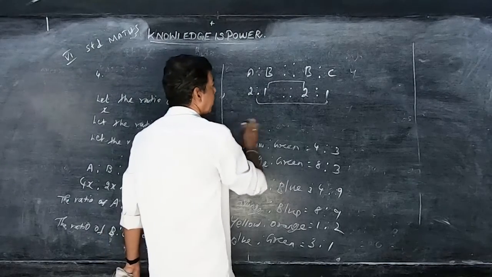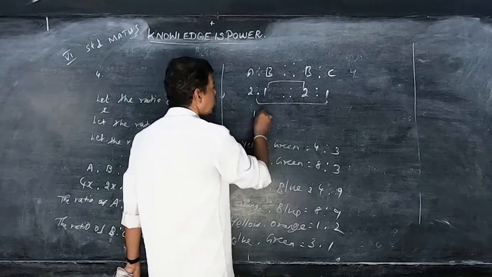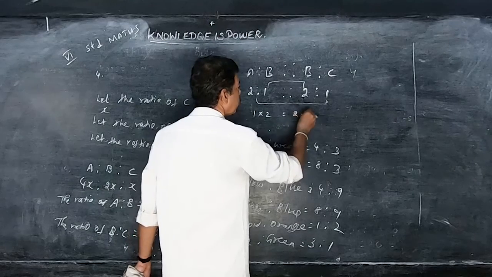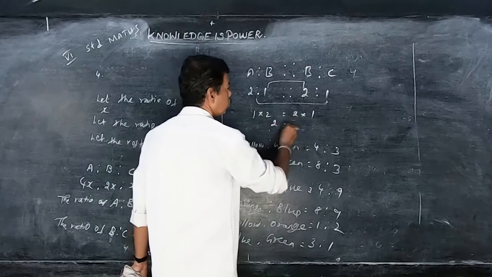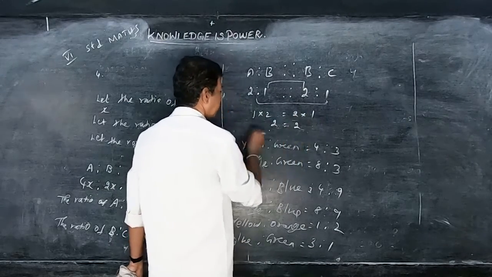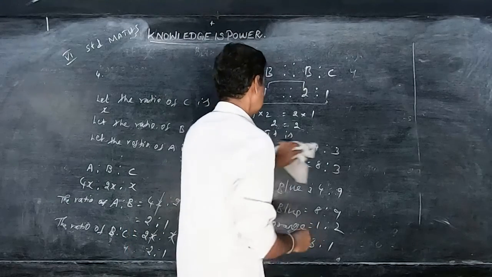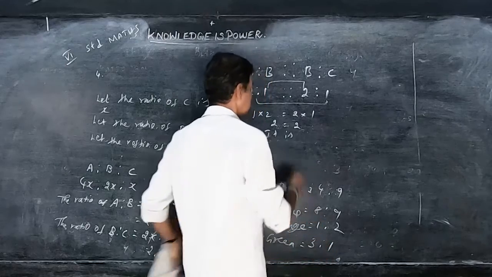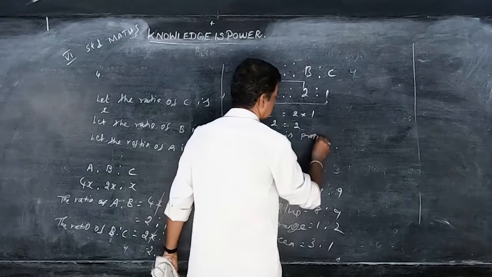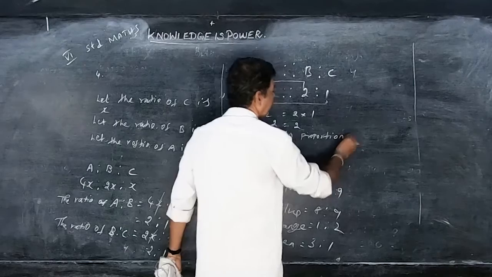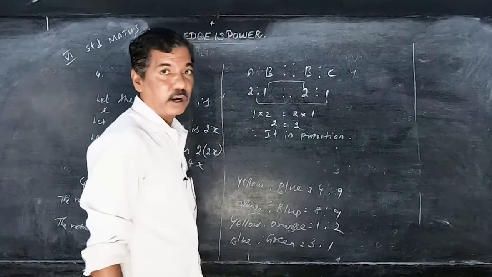So what will be there? Product of extremes 1 into 2 equals 2 into 1. 1 2s are 2. 2 1s are 2. Therefore it is proportion. Can you understand it?